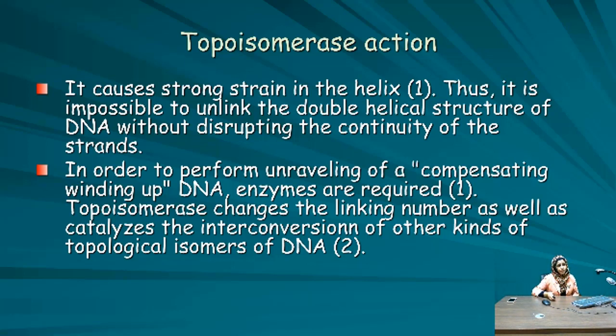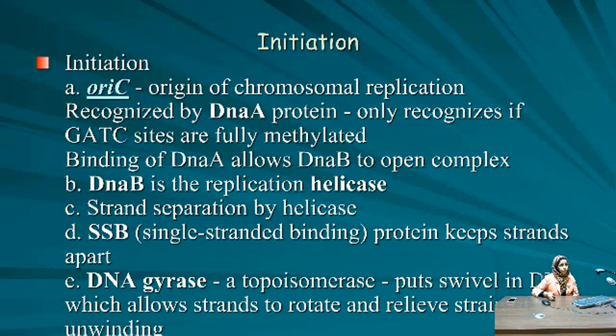In order to perform an unraveling and compensate the winding up, DNA topoisomerase enzymes are required. Topoisomerases change the linking number as well as catalyze the interconversion of the topological isomers of DNA.